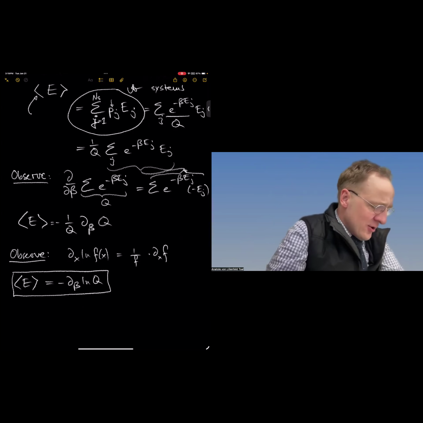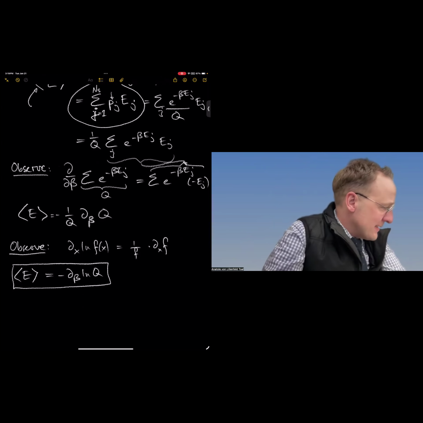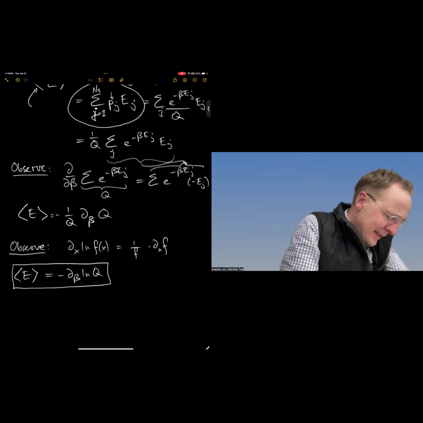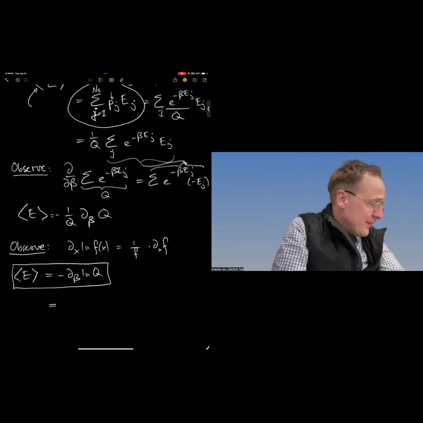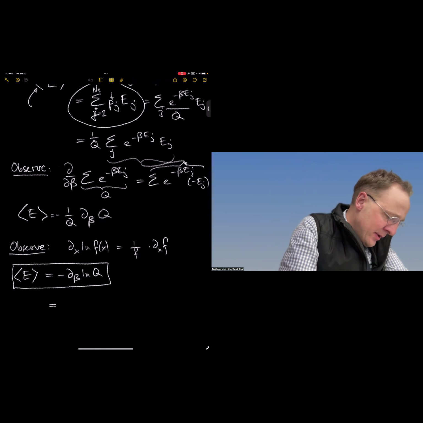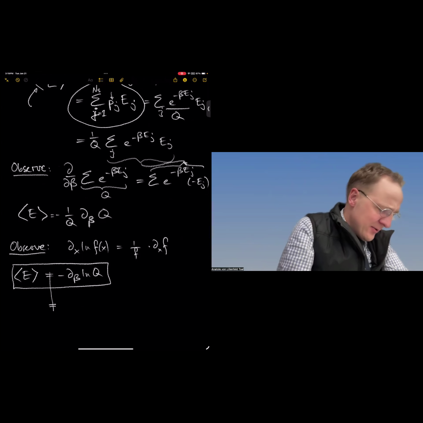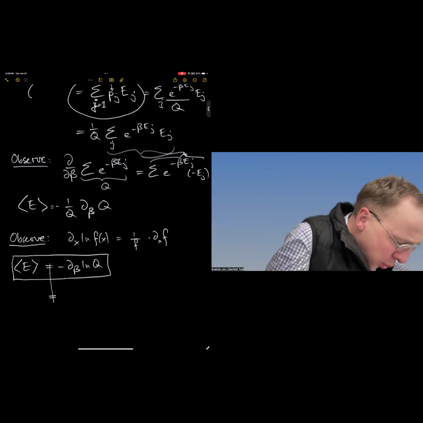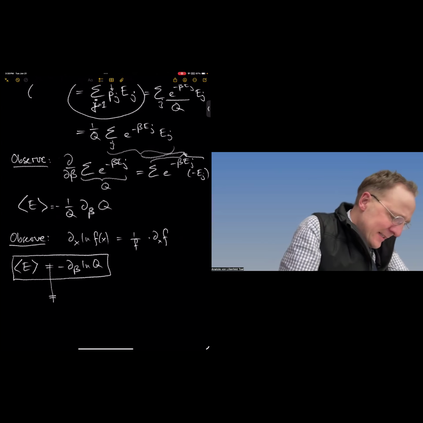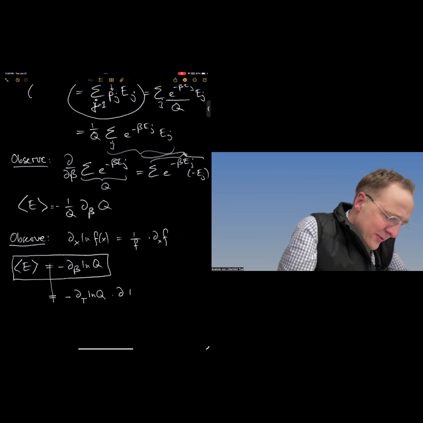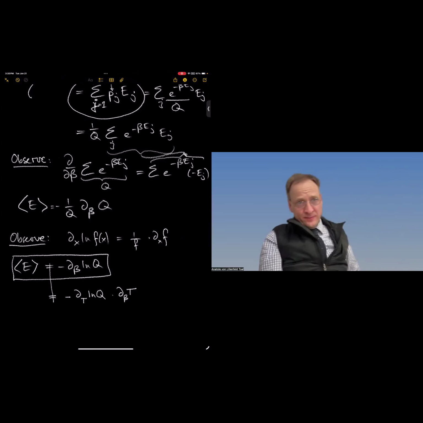And so let's do the little exercise to express it in terms of temperature. I can also write, so it's the same equality symbol, right? I'm just continuing here. I can write this by first differentiating with respect to T the logarithm of Q, and then multiplying this with the derivative of T with respect to beta.